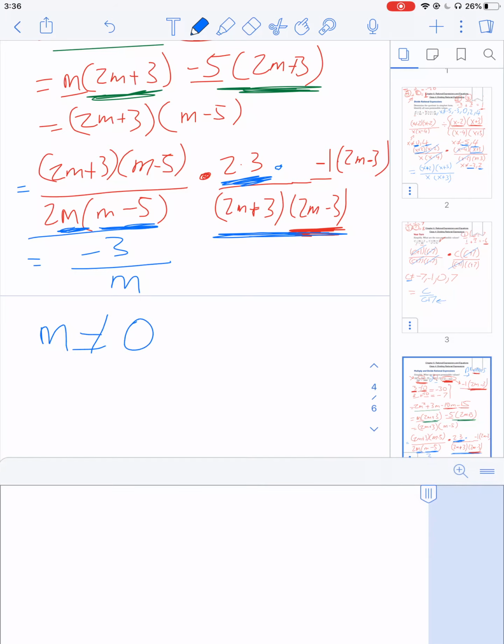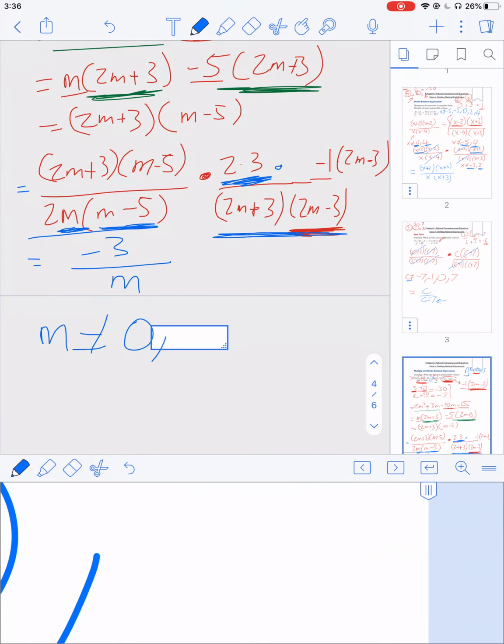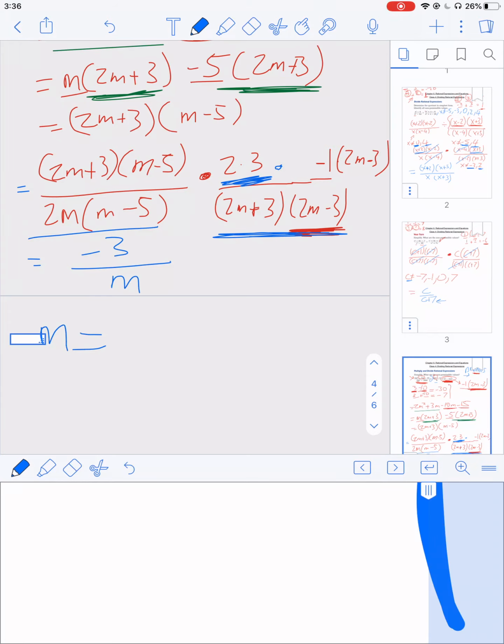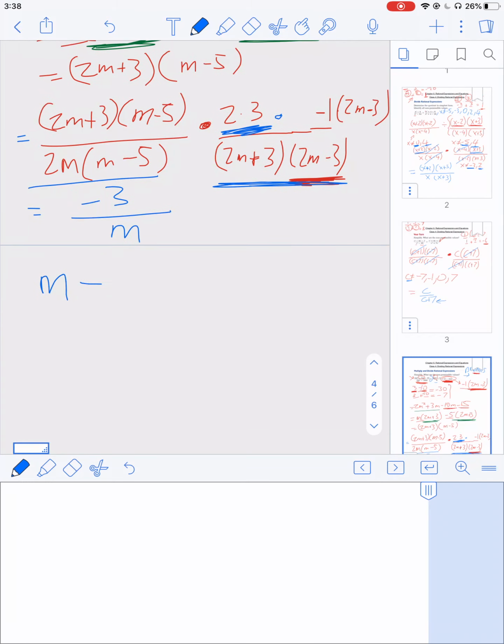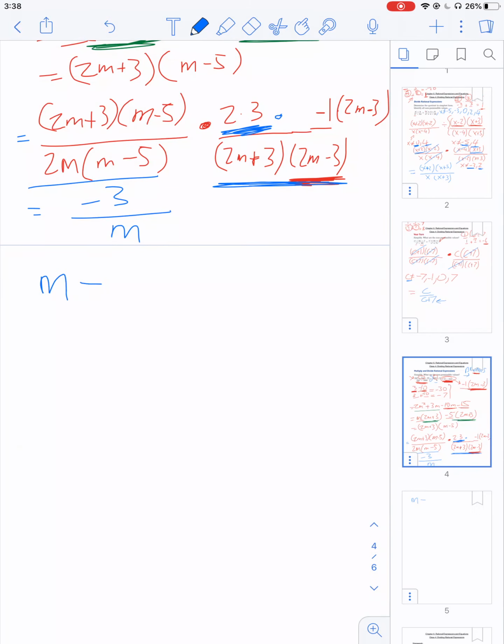So m cannot equal 0 and m cannot... I don't know how to remove this. Just give me 1 second. Okay, how do you remove this? Okay, it's gone. I didn't know I could do that.